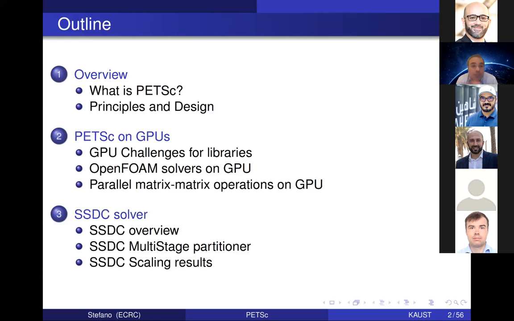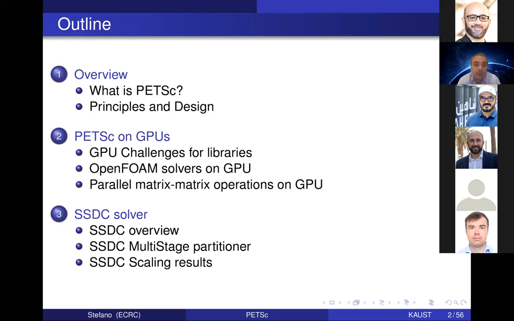I will conclude with something which is not GPUs but CPU: some success stories about using PETSc with the SSDC solver, which is actually developed at the AANS lab of KAUST, led by Matteo Parsani.